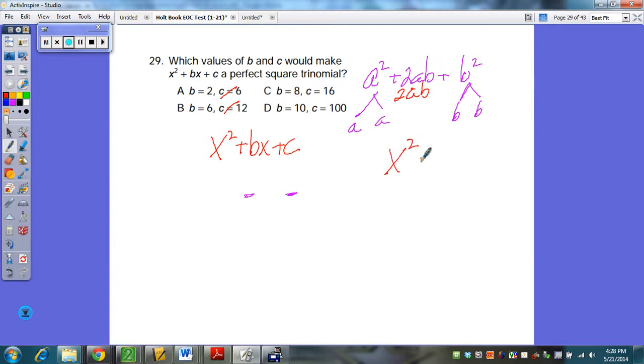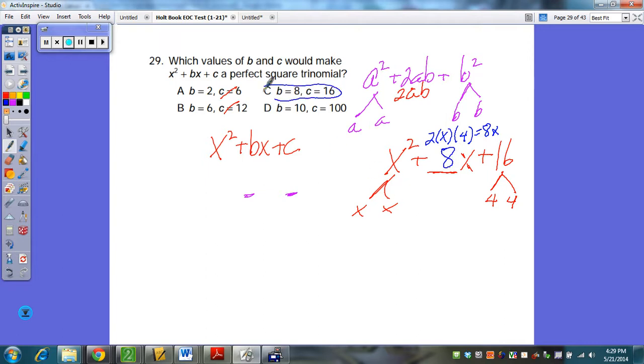If I have x squared plus some number times x plus 16, then I have x and x. We have 4 and 4. So the middle should equal 2 times one factor from the first, one factor from the second. So that should equal 8x. And so that's going to be my numbers.